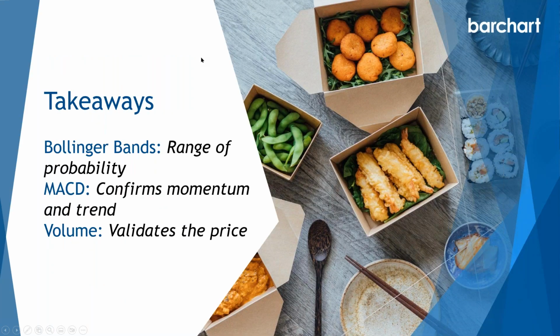So what are the takeaways? Remember, Bollinger Bands help us predict this range of probability, right? Where can price go, and where is it unlikely to be? And again, think of that ride in Disney. When we get to the outer bands, there's a higher probability that price is now going to snap back to our mean, regardless of what our trend is. But also think about how the mean acts as a level of support and resistance, and also as that catalyst.